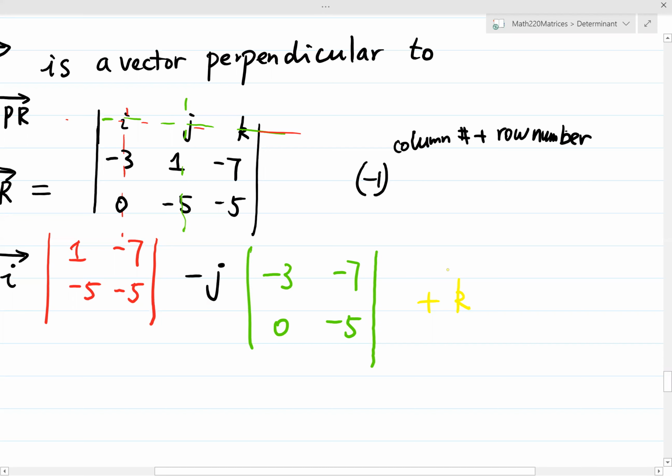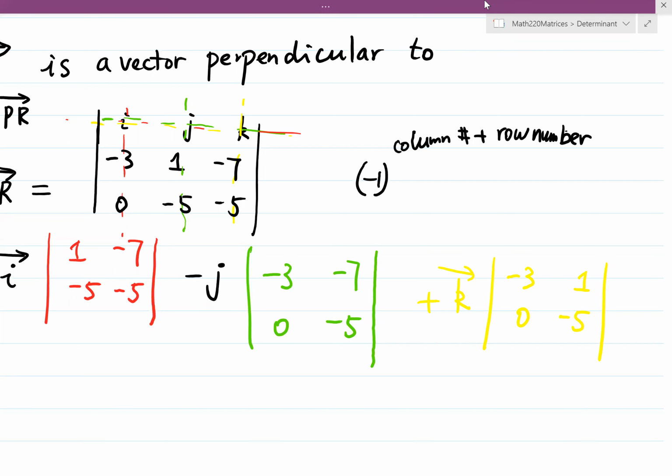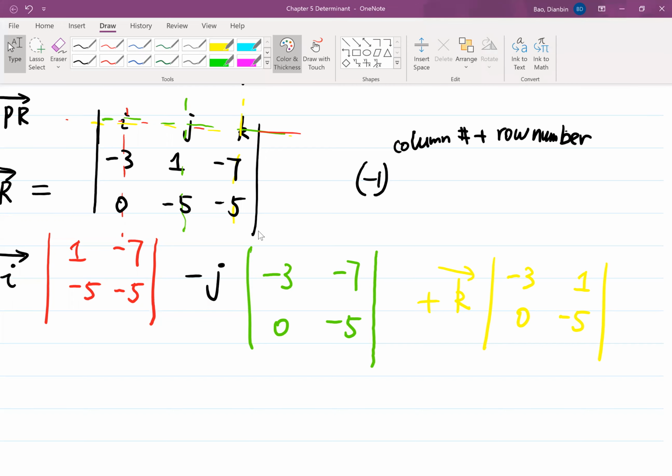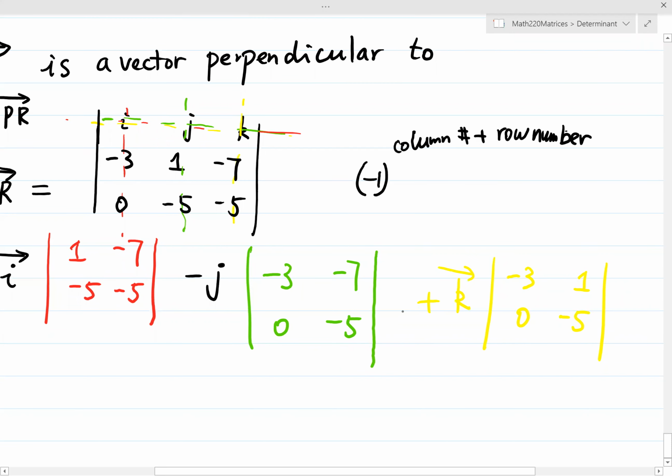So plus k times the coefficient. Now we cross out the column and the row that contain k. So what is remaining is -3, 0, 1, -5. Then for the 2 by 2 determinant, we already have a definition.